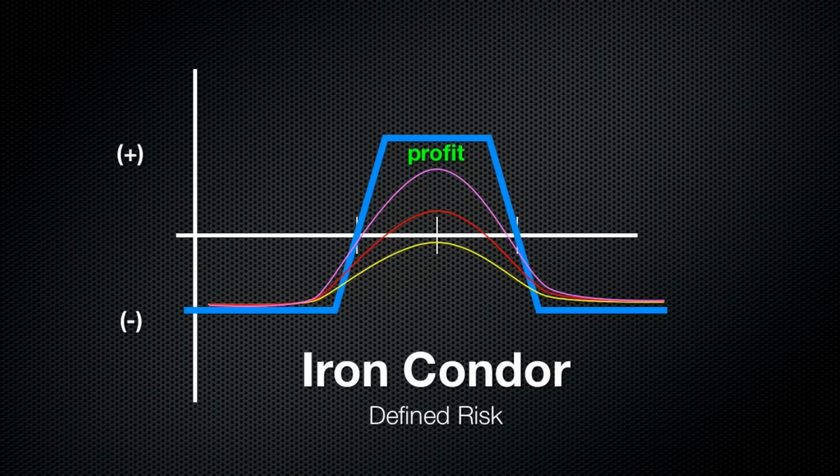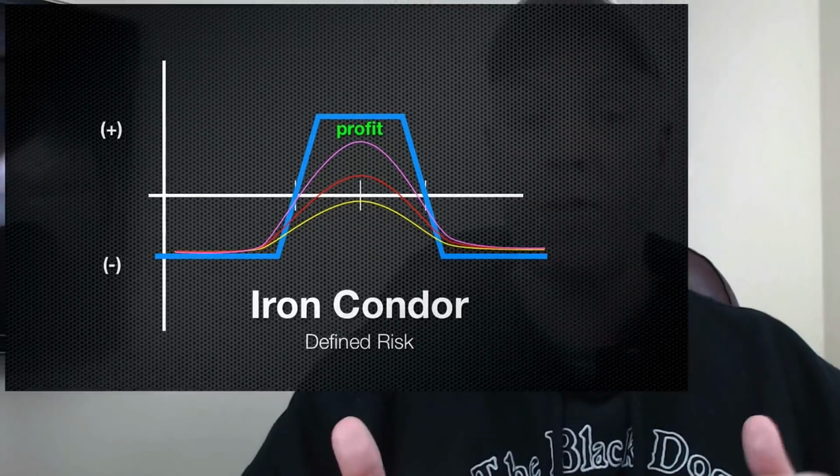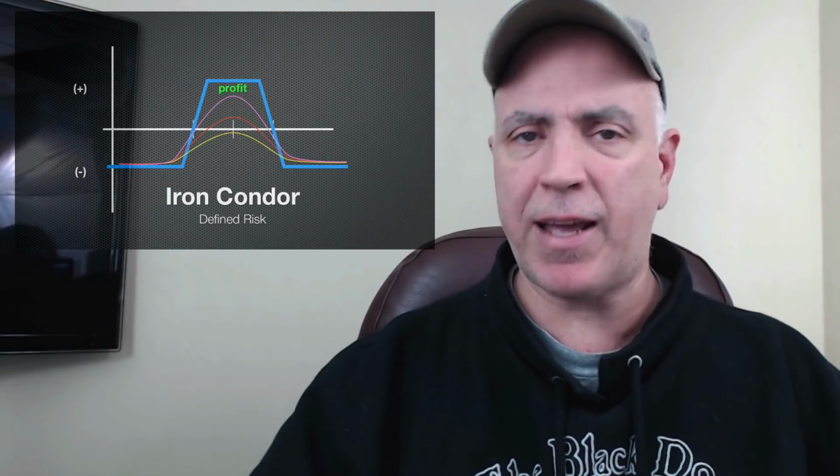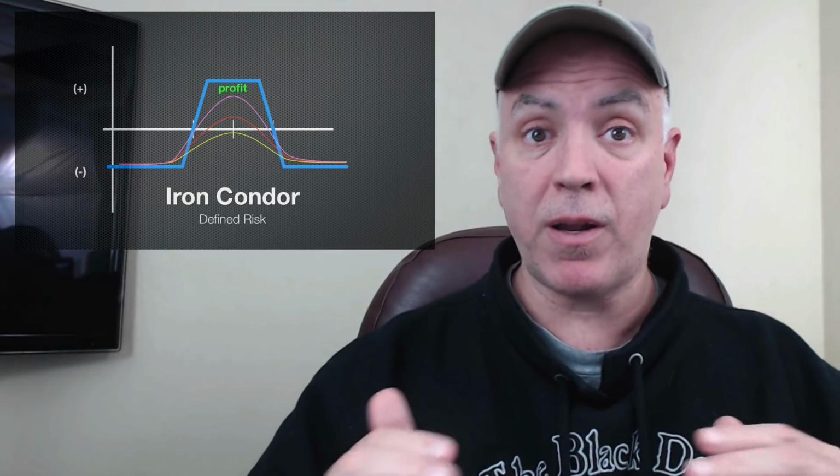And interestingly, when we do our theta collection or our premium collection, that's what we're going to be watching. We're going to be watching these types of strategies that have these big tents, and we're going to be watching that profit line grow and grow and grow. We can't really keep price in there, but as long as price stays inside of that profit tent, we're going to make money. And we're choosing these strategies based on probabilities, so we're choosing strategies that have about a 75-80% chance of probability.